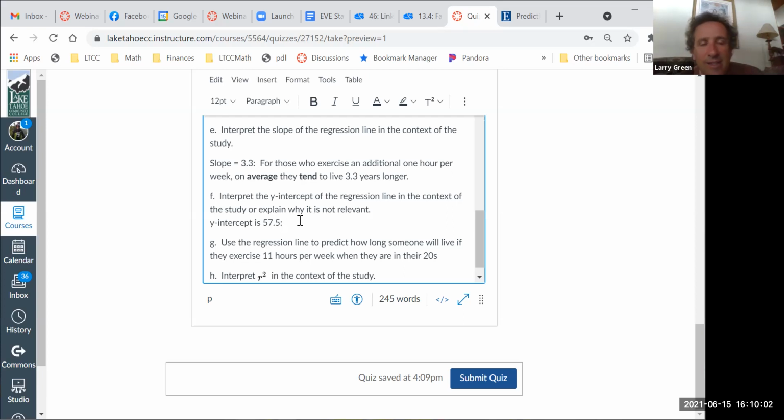Remember, if x is 0, y is 57.5. X is 0 means 0 hours of exercise, or in other words, our best prediction for someone who does not exercise at all.